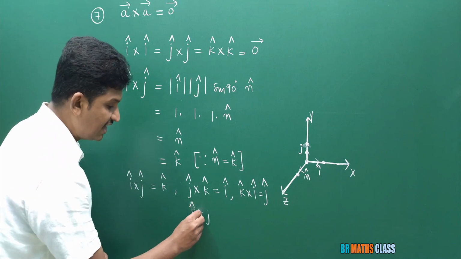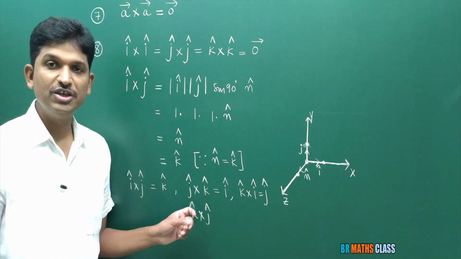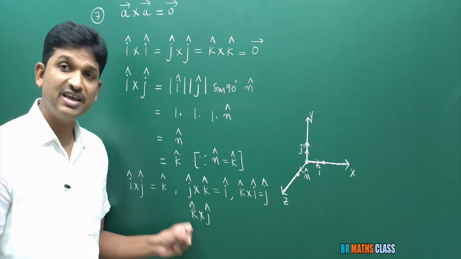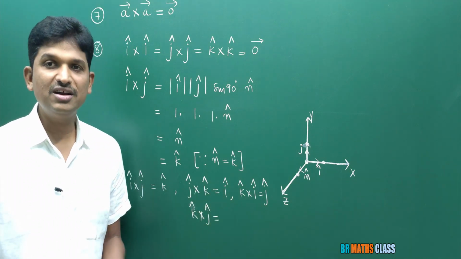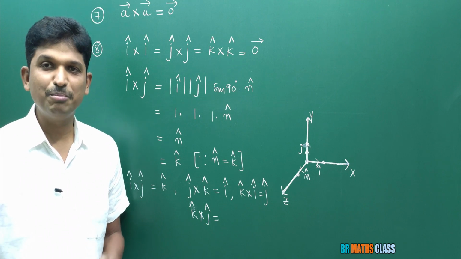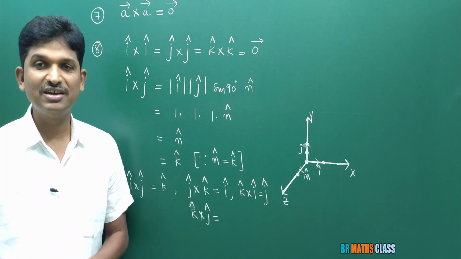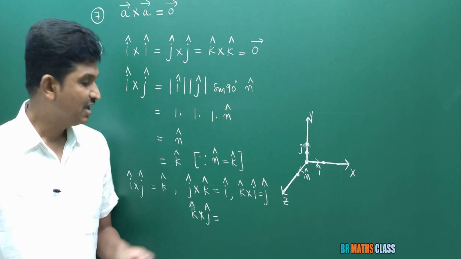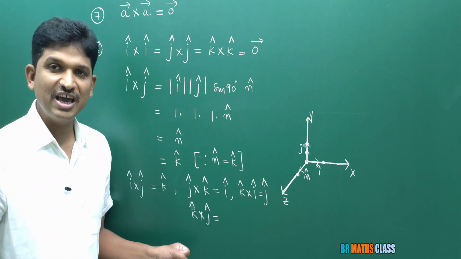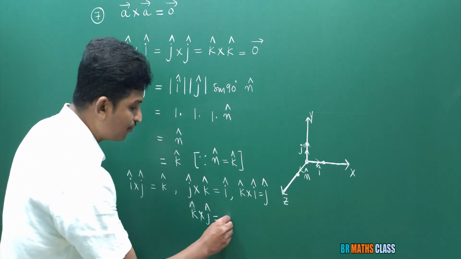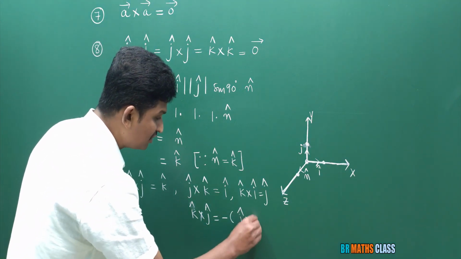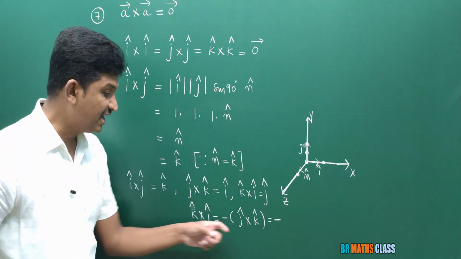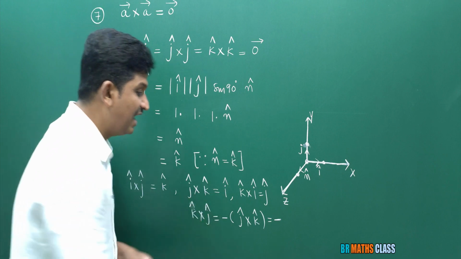They give it like this: K cap cross J cap. You know J cap cross K cap is I. What is K cap cross J cap? A bar cross B bar can be written as minus of B bar cross A bar. Here K cap cross J cap can be written as minus of J cap cross K cap, which equals minus I cap.